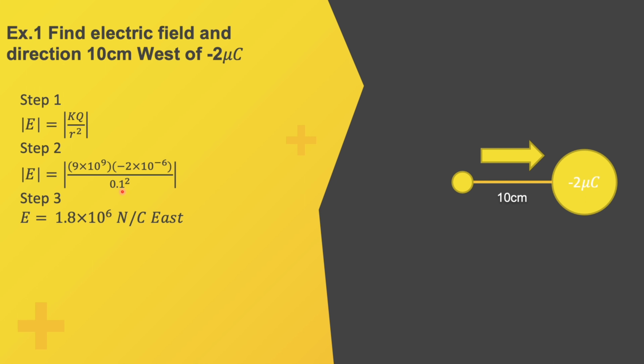So that is equal to 0.1 meters. And then we use our Coulomb's constant times our source charge's value divided by our distance squared, and we get an answer of 1.8 times 10 to the 6th newtons per coulomb. And we already calculated the reason why it's east.